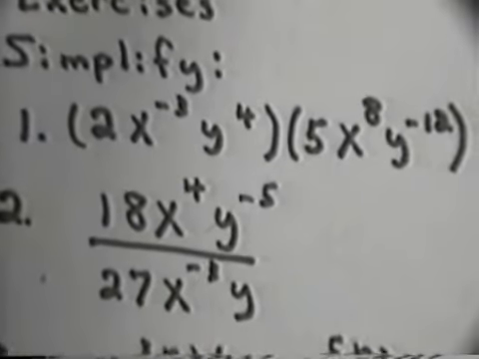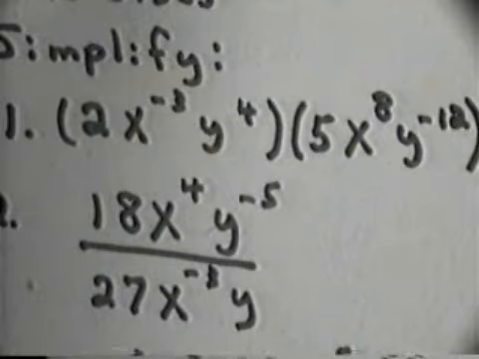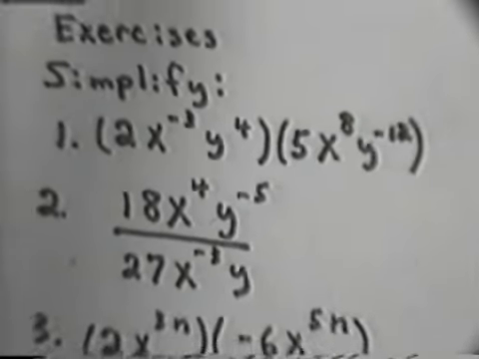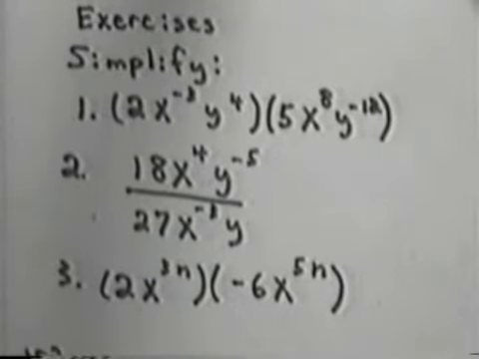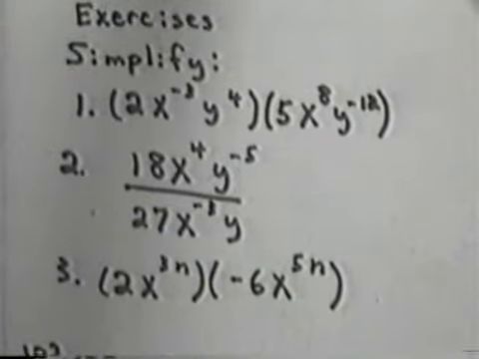It's kind of hard to see, but it's 18, x to the 4th, y to the negative 5, divided by 27, x to the negative 3, y. The third one, 2x to the 3n times a negative 6, x to the 5n. As soon as you get them copied, stop the tape.